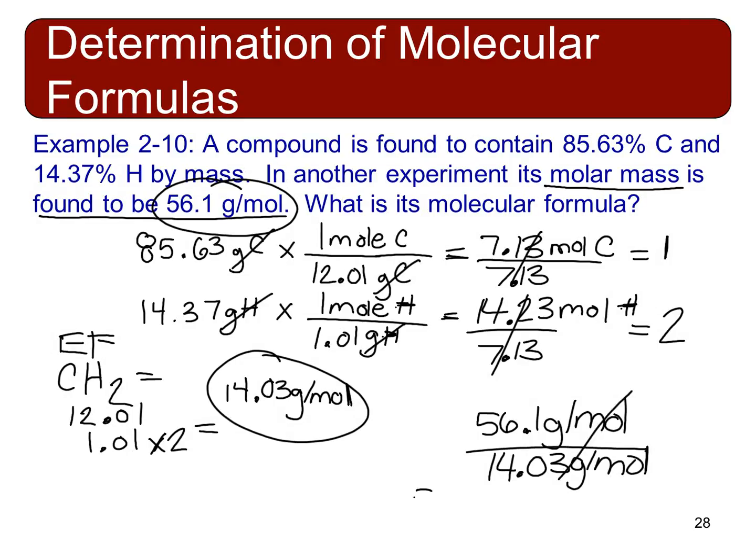And we should get roughly 4. So this tells us that the molar mass is basically 4 times what we have found. So we're going to go back to our formula, which was CH2, and multiply all of our atoms by 4. So we get C4H8.